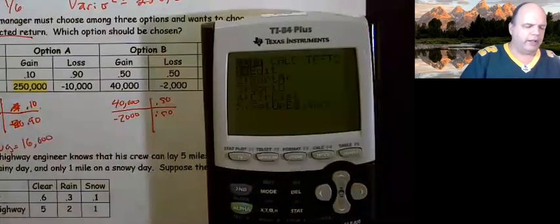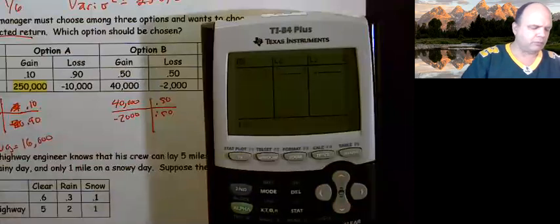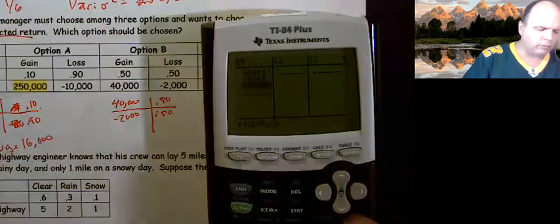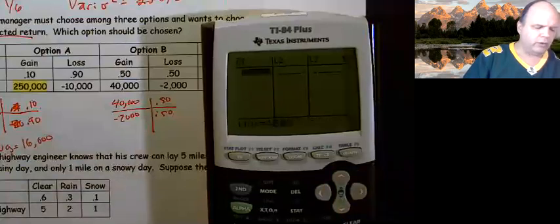Over here, stat edit, and I'm going to go ahead and clear everything out. 40, 1, 2, 3 for 40,000, and then negative 2,000. Being careful to use the negative sign, 0.5 and 0.5. Oops. Better clear all that out. Okay, 40, 1, 2, 3, negative 2, 1, 2, 3.